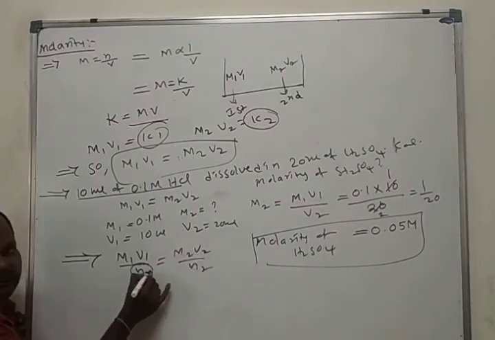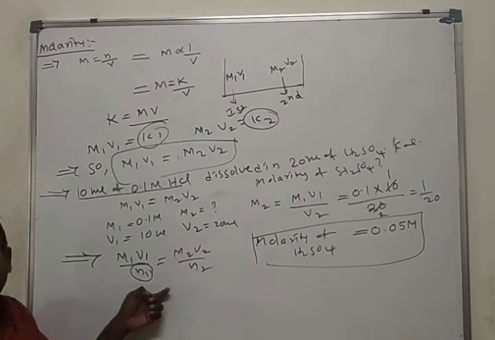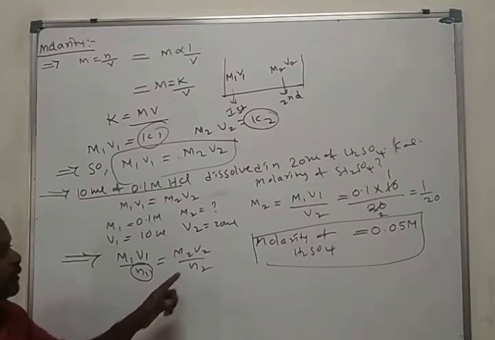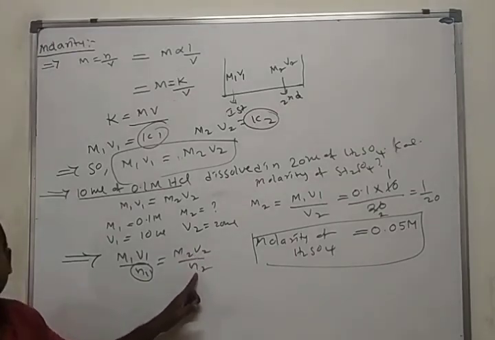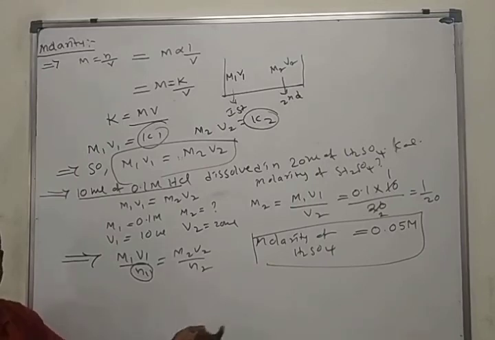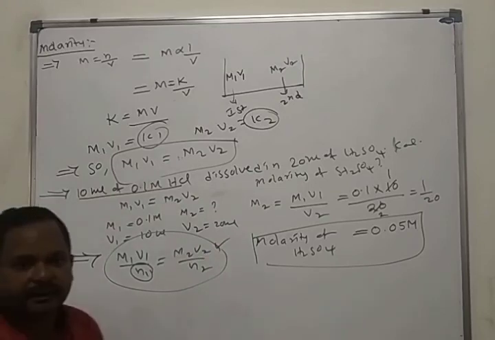Here n means the number of moles involved in the reaction. M1 is molarity, V1 is volume, n1 is the number of moles of the first term. M2 is molarity, V2 is volume, n2 is the number of moles of the second term. This is not required here.